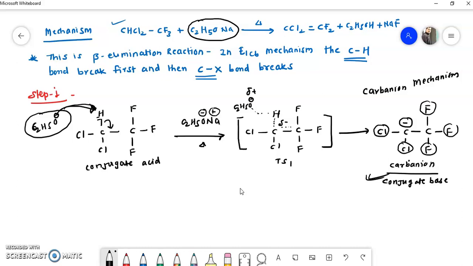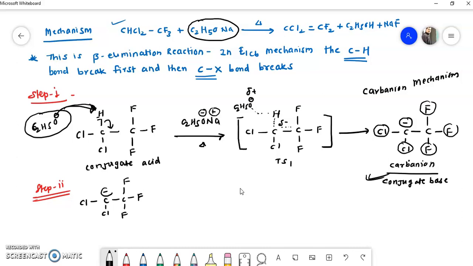Okay, so now what happened in the next step? We'll see the next step, step number 2. Now in step 2, the carbanion which is generated over here, I will write this carbanion once again: Cl, C, here is fluorine, here is also fluorine, and here is also fluorine.